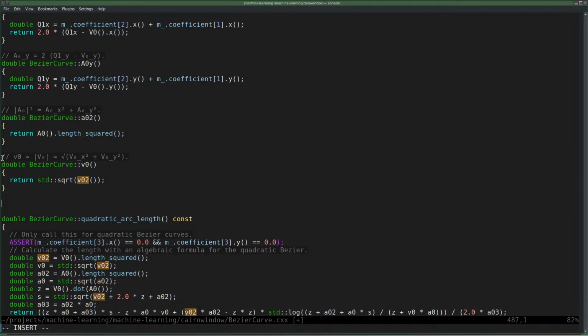Yeah, not something more difficult, I think. A0 is, I bet, the square root of that, so yes. It is A0, which is the square root of that, right?